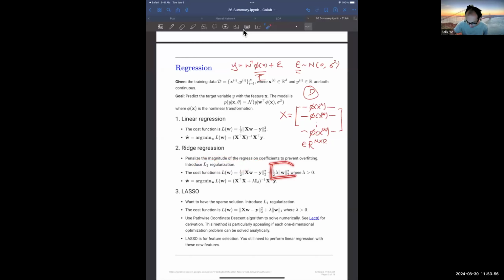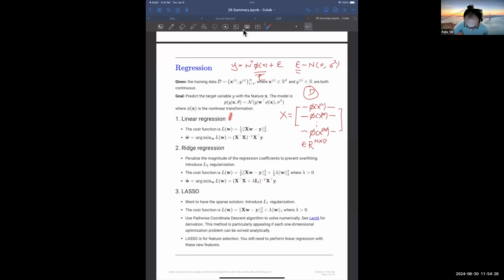What it's basically doing is introducing lambda times the squared 2-norm of the coefficient W to the residual sum of squares. In this case, we can still solve this W hat analytically, which is given right here. It's still solving a linear equation.